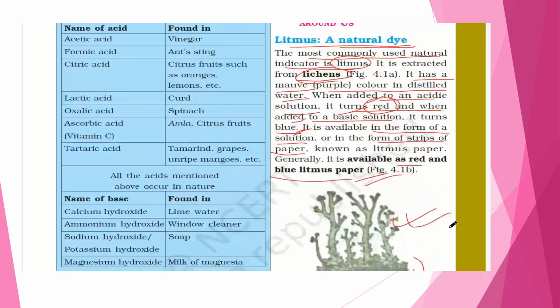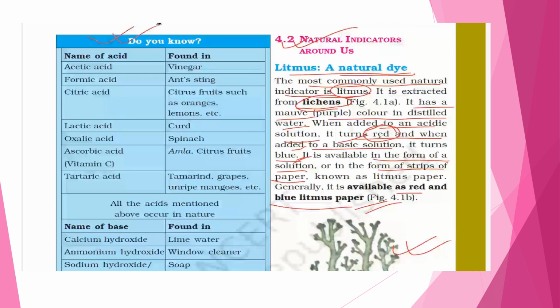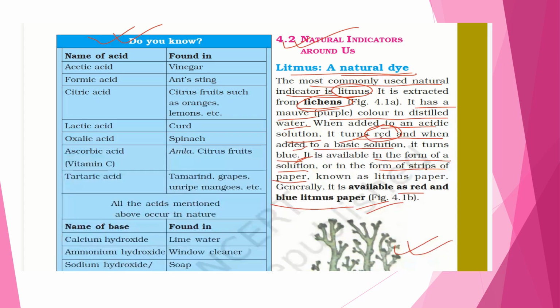Now we will move on to this. We will read through the name of the acid and where it is found, and the name of the base. So the name of the acid here is acetic acid, and it is found in vinegar, which is a substance mainly used in many of our foods. Okay, the next comes formic acid. It is present in ant sting.